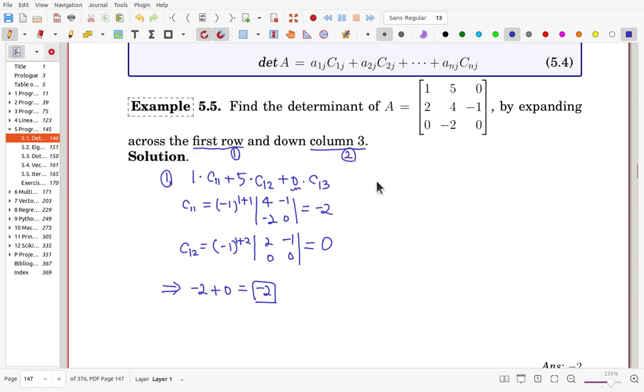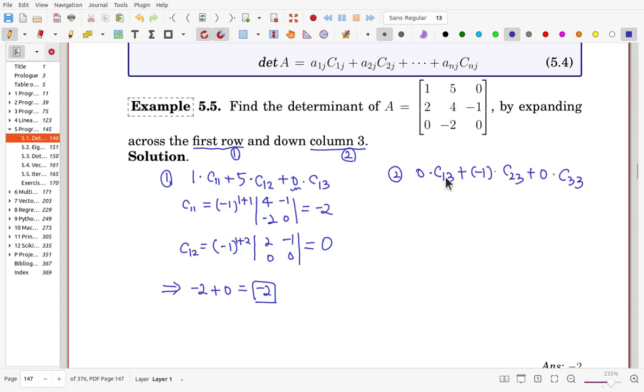Now let's do the second task. Column 3: 0 times C13, plus -1, which is the entry, times C23, plus 0 times C33.